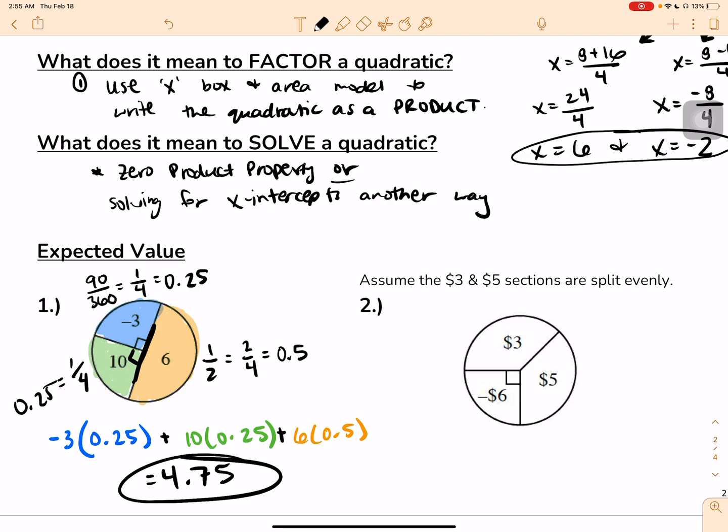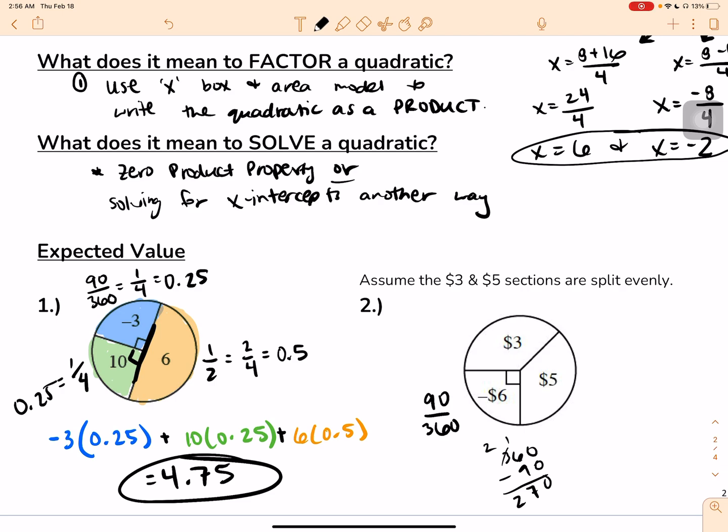All right, there we go. Assume the $3 and $5 sections are split evenly. Okay, so if this one is a 90-degree angle, that's out of 360. So 360 minus 90, what's left is 270.